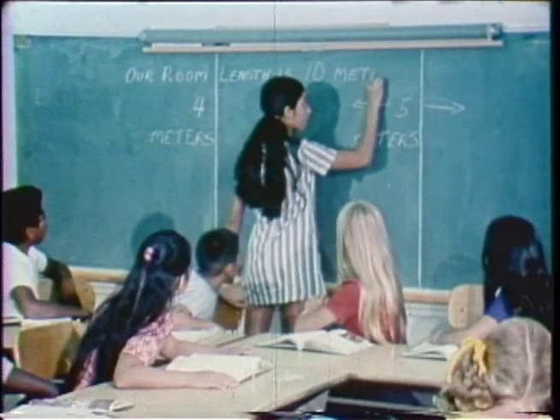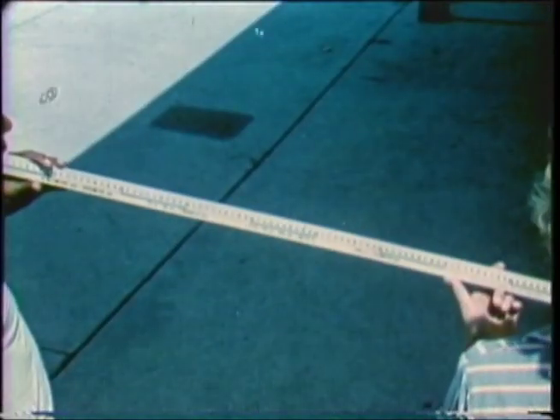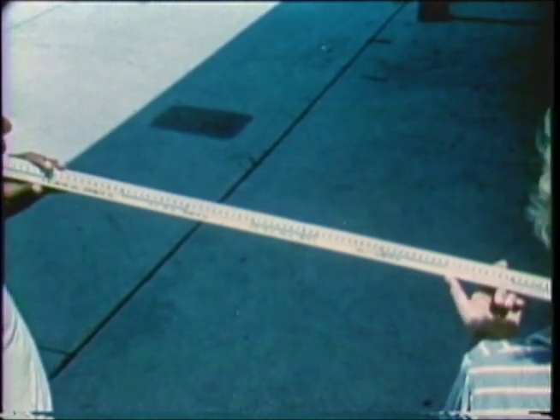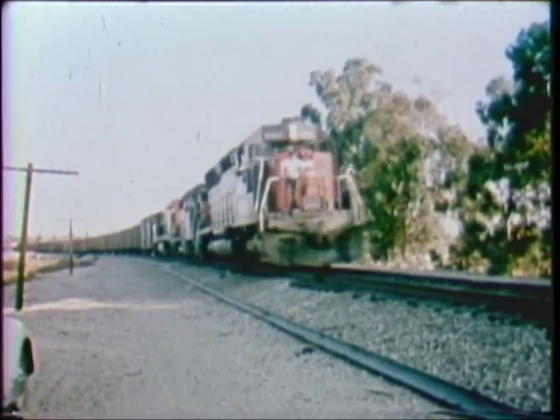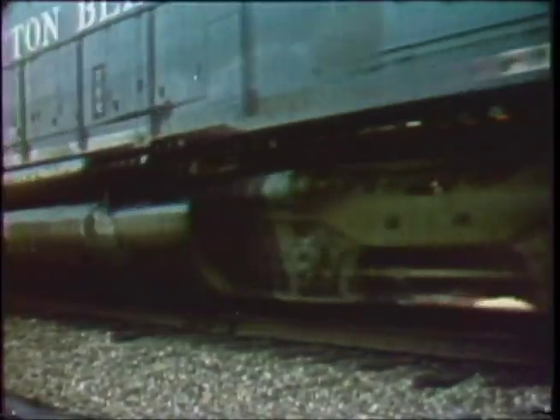What metric term would you use to measure the size of your classroom? What metric term would you use to measure your pencil? What metric term would you use to measure the distance between two cities? Remember these terms. Deci, 1/10.